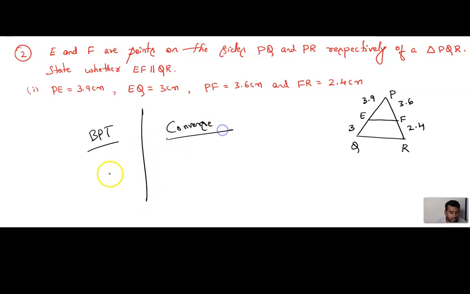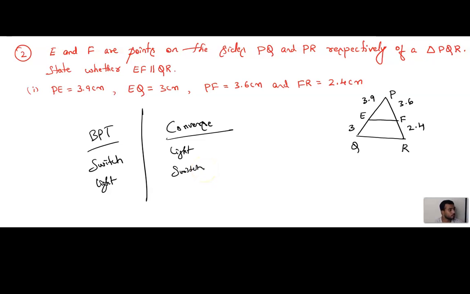In BPT what is there? Switch on the switch. अगर से आप स्विच को ऑन करेंगे तो क्या होगा? Light glows. Means output is what? Light will be on. Converse is saying lights are on because switch is on. Yeah, simple.